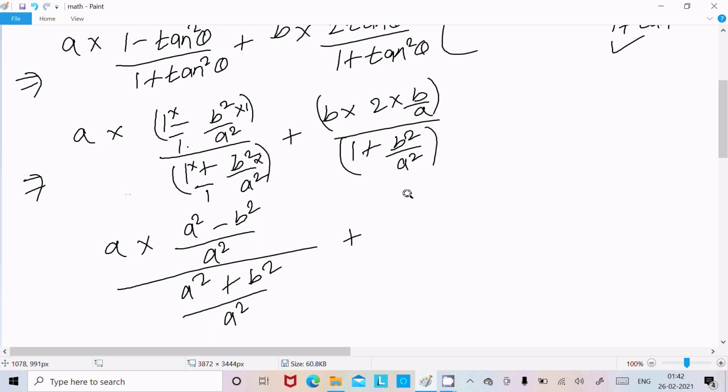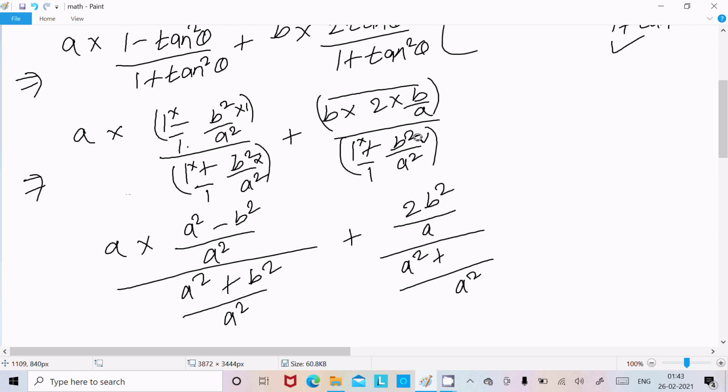Now here if I multiply with all this, it comes to b square and a, and here taking the LCM, a square is the LCM, 1 divided by a square comes a square multiplied with 1. So a square divided by a square, 1 comes 1 multiply with b square.